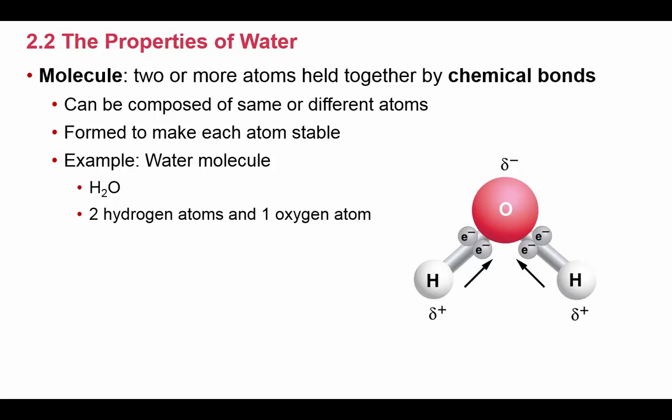And you can see that the electrons that are shared here are more attracted to the oxygen than they are to the hydrogen atoms. And for that reason, they're going to stay closer to the oxygen atom. And that's going to give that oxygen atom a negative polarity. But the hydrogen atoms don't have the electrons as close, so they're going to be more positive.